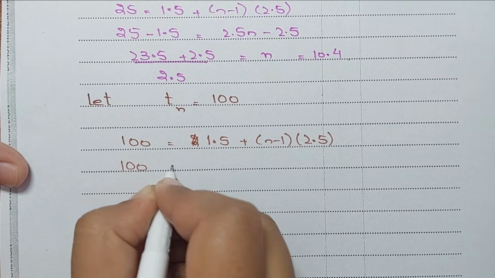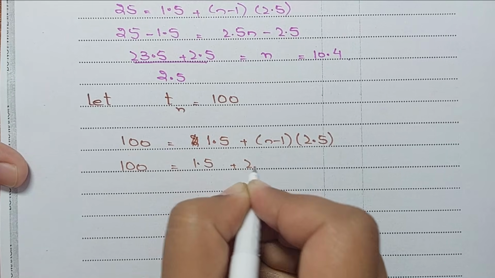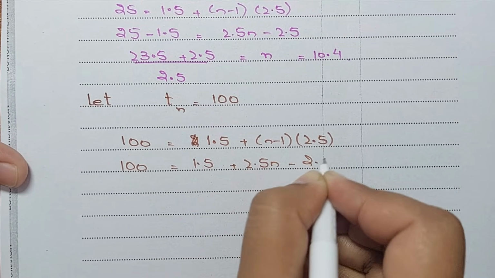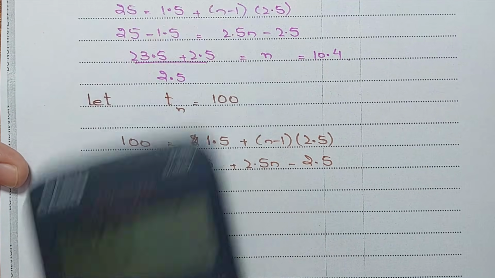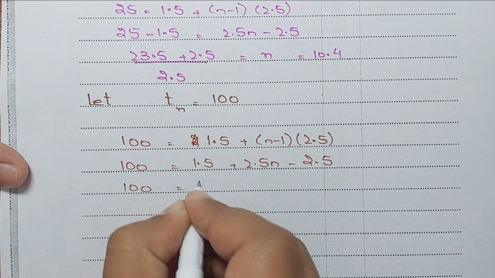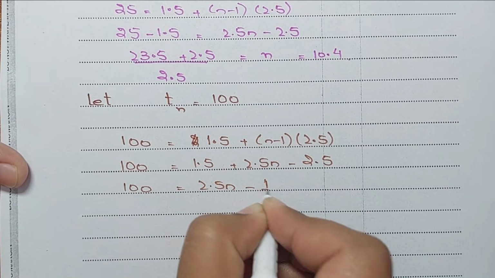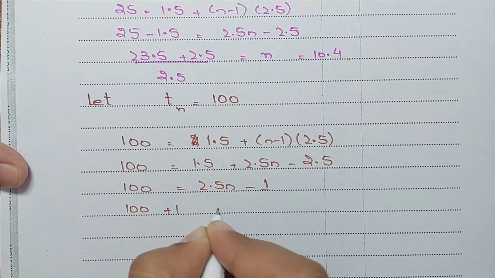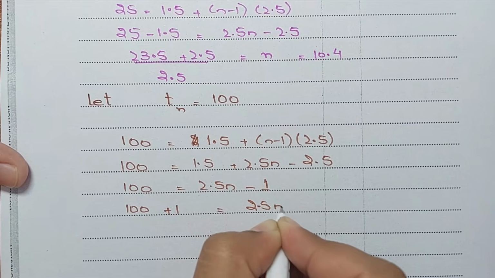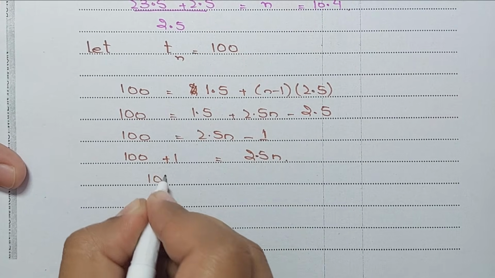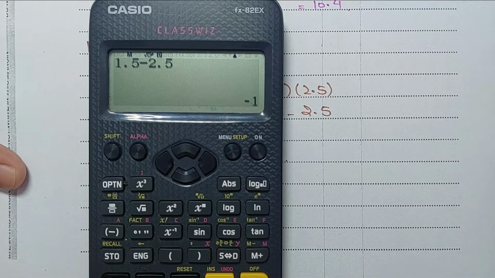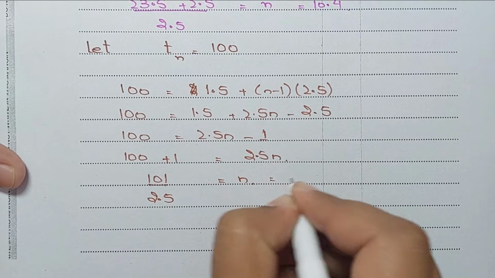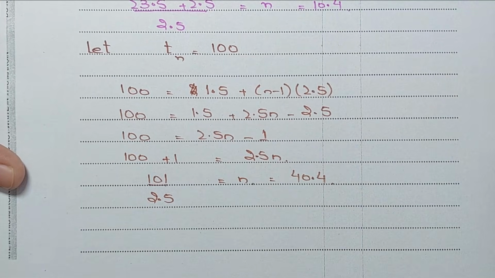So 100 equals 1.5 plus 2.5n minus 2.5. 1.5 minus 2.5 is negative 1. 100 equals 2.5n minus 1. Add 1 to 100 and this is 2.5n. 100 plus 1 is 101, divided by 2.5 is your n value. 101 divided by 2.5 is 40.4. So n is 40.4.